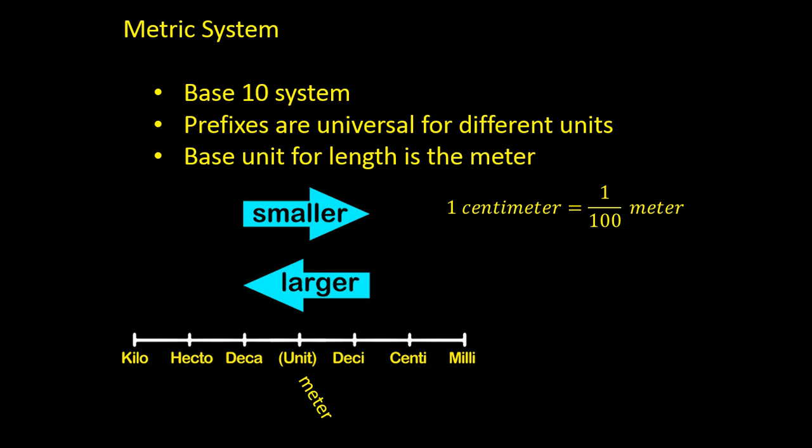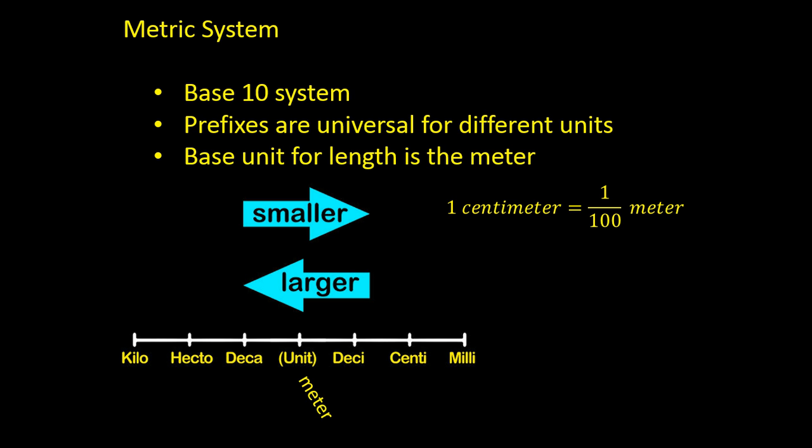Now, if we look at the relationship from one unit to another, we can see how one unit of measurement can be put together as smaller units to form a larger unit. For example, if you compare the centimeter to the meter, the centimeter is 2 places to the right of the meter. That would be 2 powers of 10 to the right on this scale, which is 2 powers of 10 smaller than a meter.